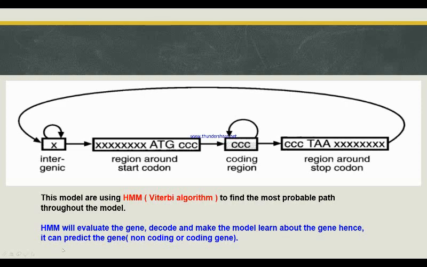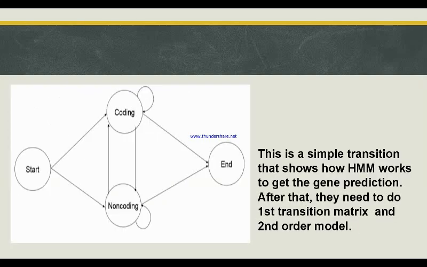Hence, it can predict the gene, whether non-coding or coding region. This is an example of the flowchart and the simple transition that shows how HMM works to get the gene prediction.